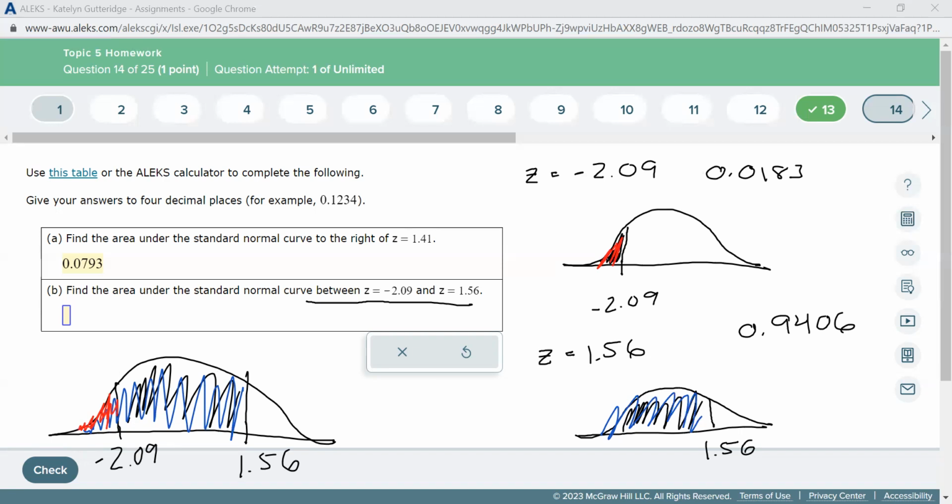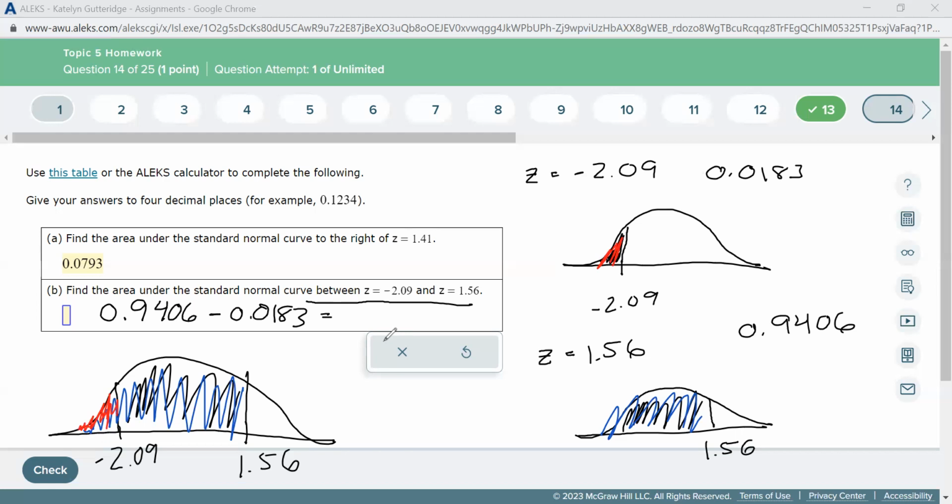So to find my final answer, I take the area I found for 1.56 and subtract off the area for negative 2.09, because we need to find the area in the middle. So we're going to subtract the two values.